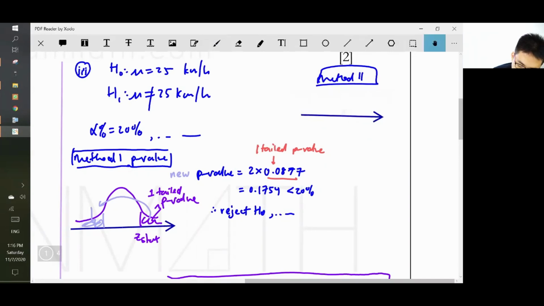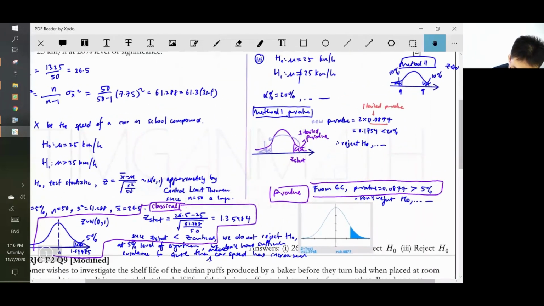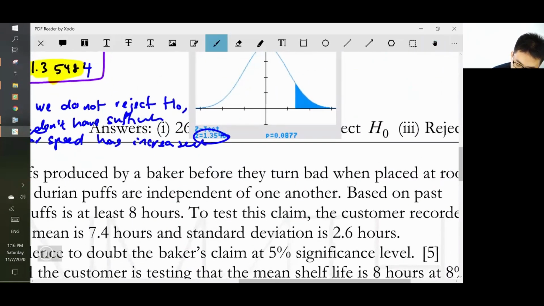It means you use a boundary and compare. So you're using 2 tails, this is 10%, this is 10%, right? Then you find what this boundary is, the Z critical. Because you already have the Z stat, which is without any further tests, we already found 1.354, also given as 1.3548.